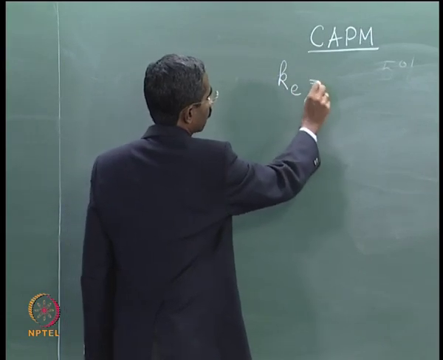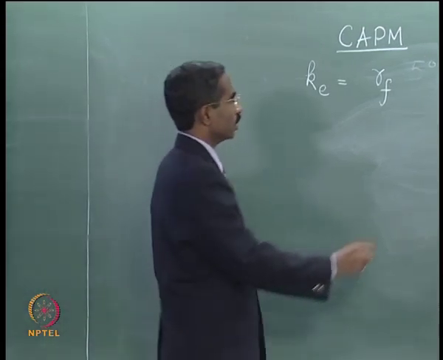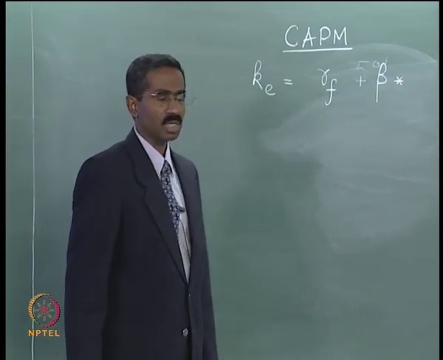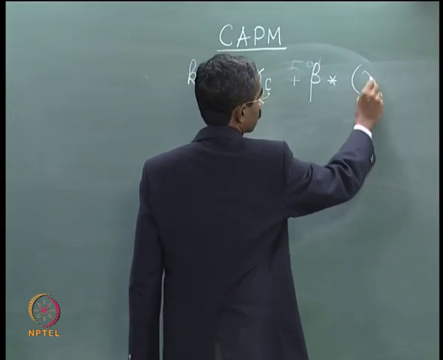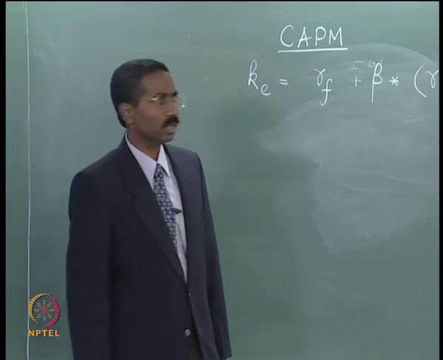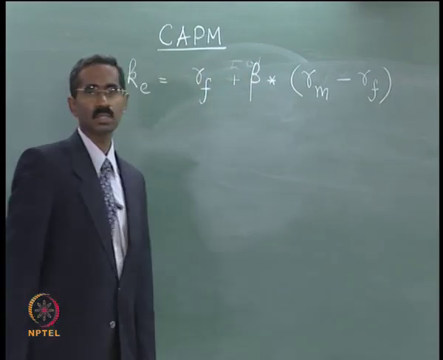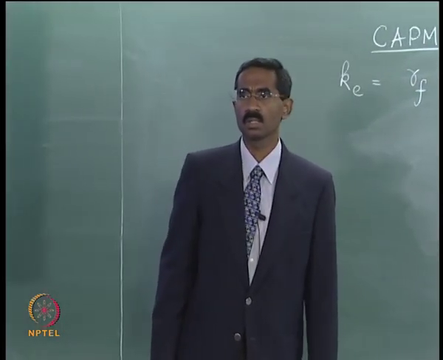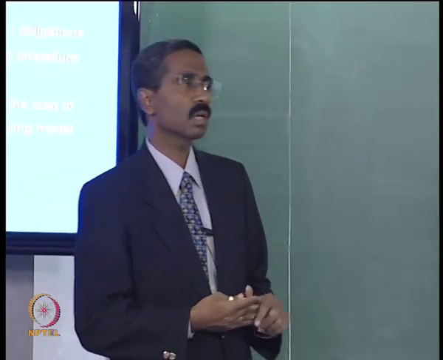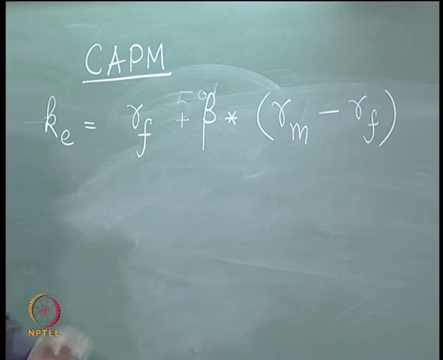The cost of equity is nothing but your risk free rate of return plus your measure called beta multiplied by RM, which is the rate of return obtained from a market portfolio subtracted by your risk free rate of return. So, we can use this expression to estimate what will be the cost of equity, but before that let us understand what are the different terms constitute.